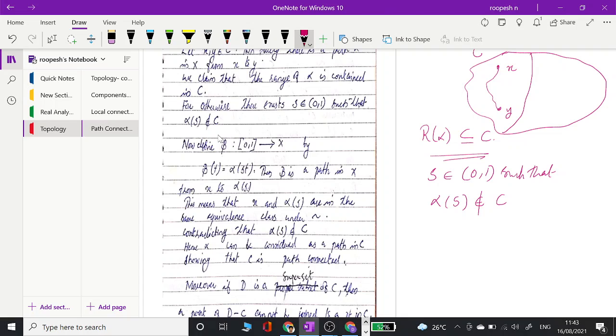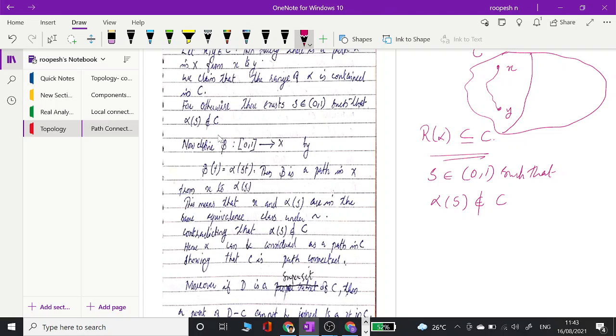Alpha of 0 and alpha of 1 anyway belong to C, being the starting point and endpoint. So in between there exists some member whose image is not in C.